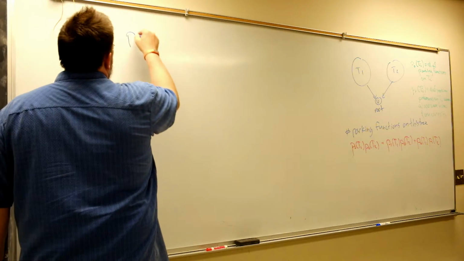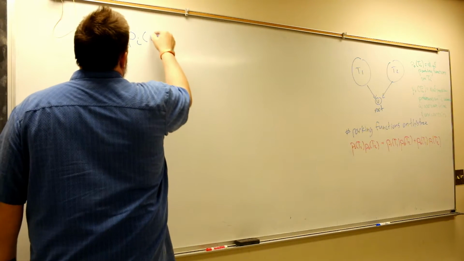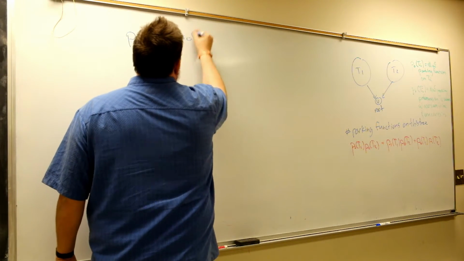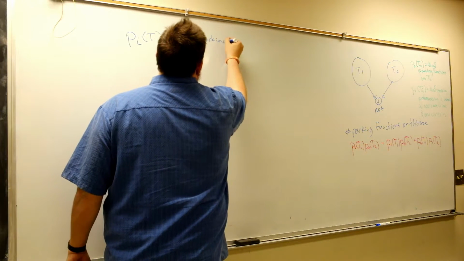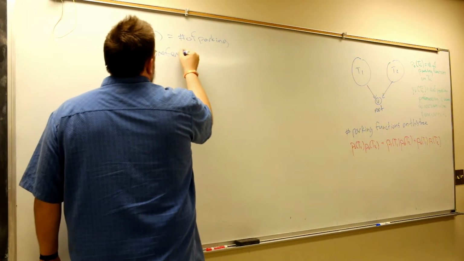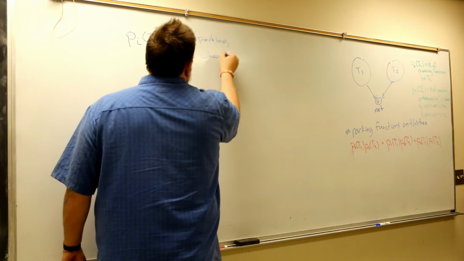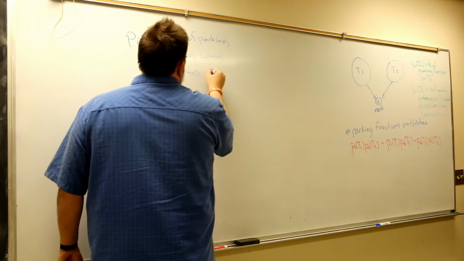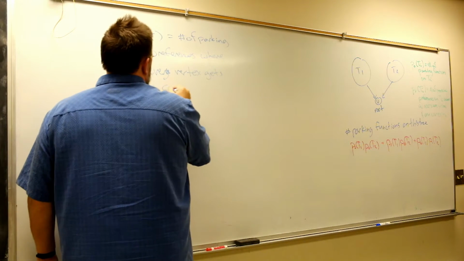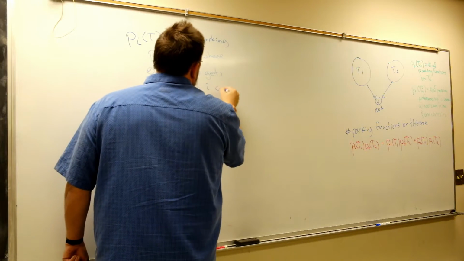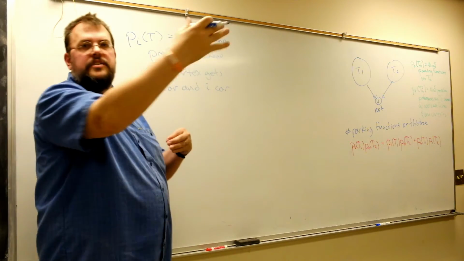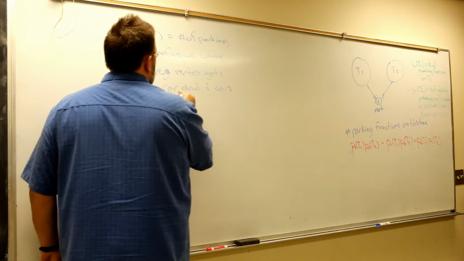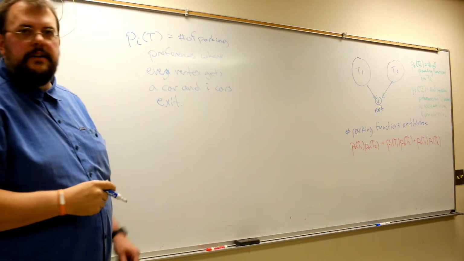I want to count P sub I of T, where this is the number of parking preferences where every vertex gets a car, and I cars exit. So in particular, there are I more cars than there are vertices trying to park in this street. So I want to understand this count.